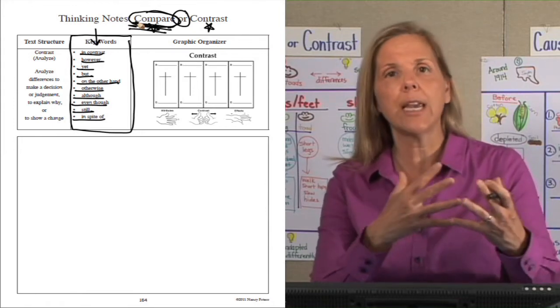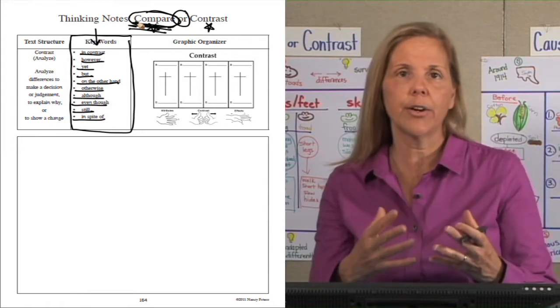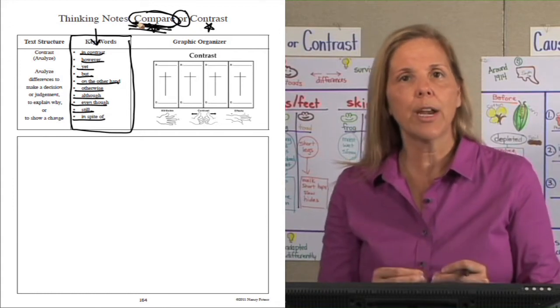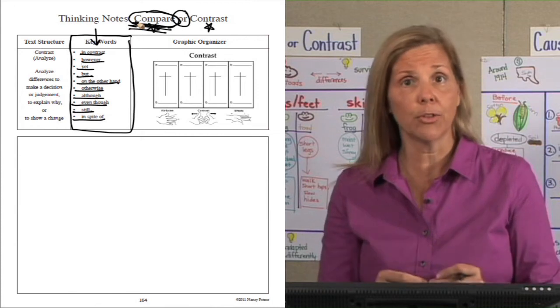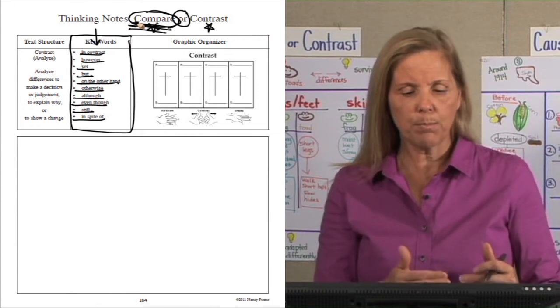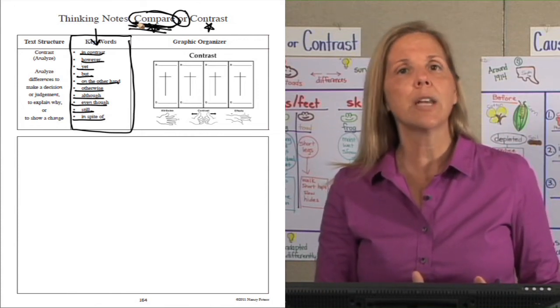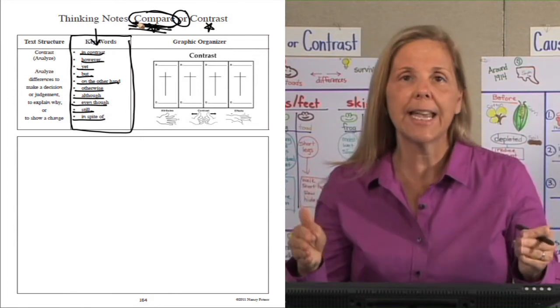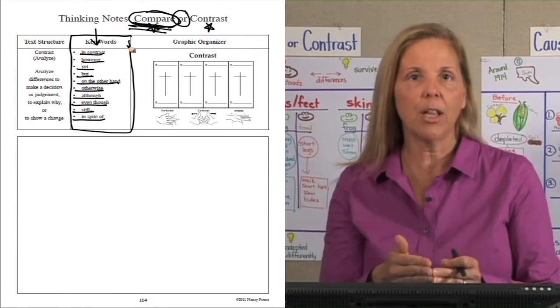We're using narrative writing, the characters from narratives, in order to analyze how two characters, in this case, are similar to each other. So this particular piece of writing will end up becoming informative explanatory writing, where we take kids at a deep level of thinking.